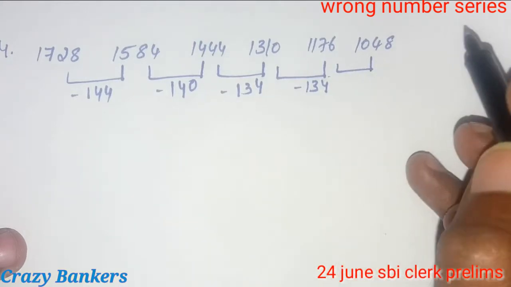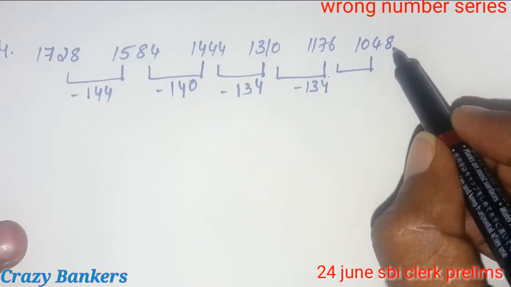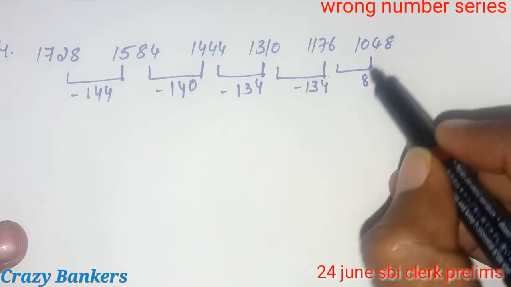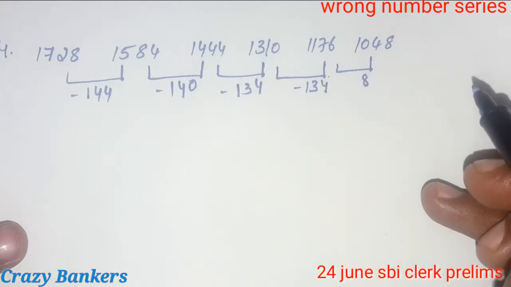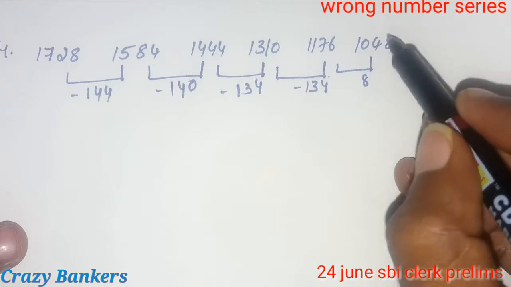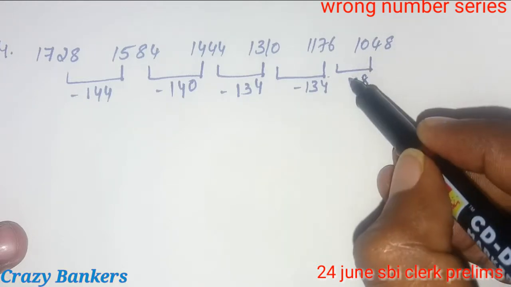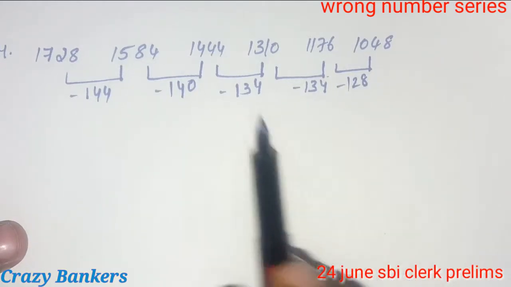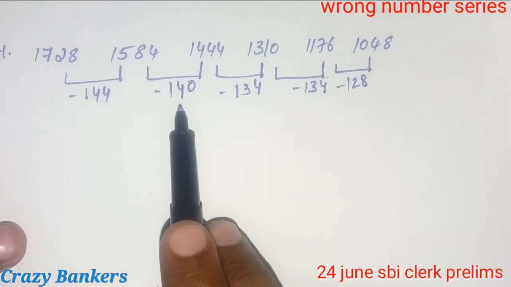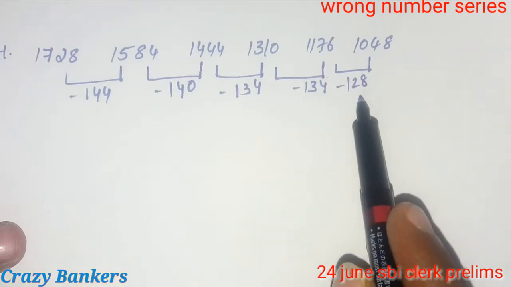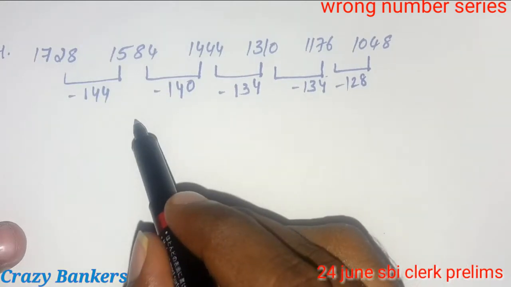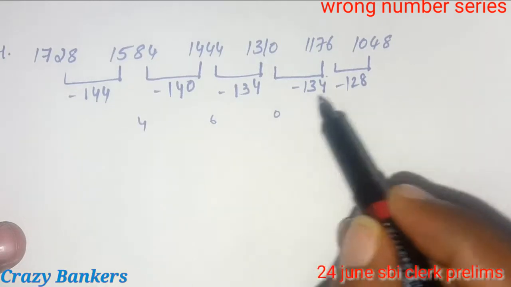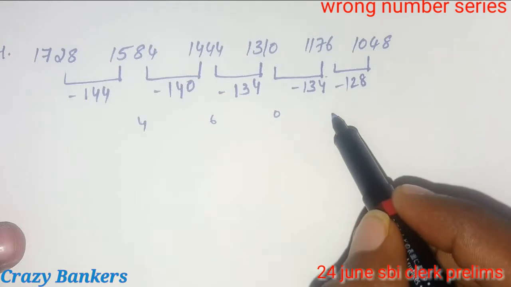Then the next number: minus 128. From the series 144, 140, 134, 128, the differences are 4, 6, 0, 6.